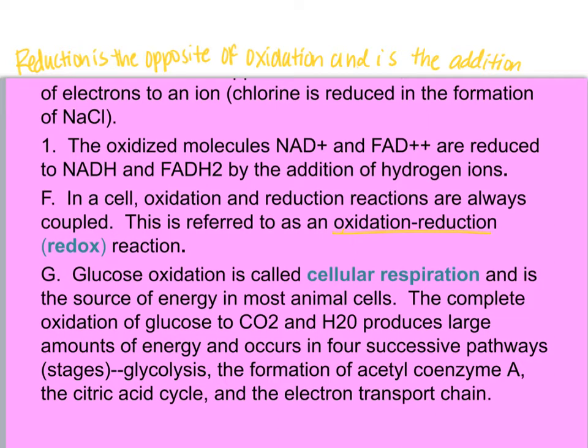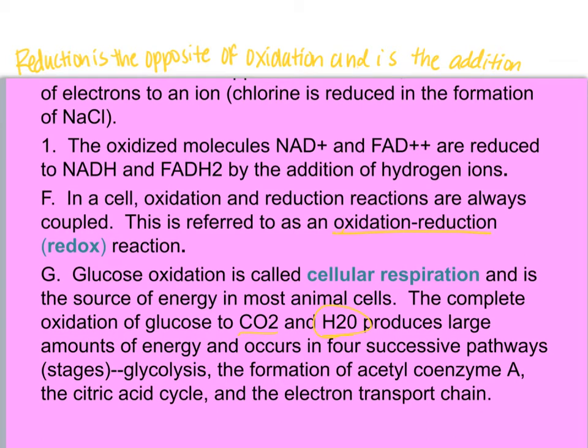So the complete oxidation of glucose to carbon dioxide and water produces a lot of energy, and that happens in 4 different stages. Okay, so again, we're talking about removing hydrogen basically here, or adding hydrogen. So if we're completely oxidizing glucose, we're getting rid of all the hydrogen and moving it into the water molecule.